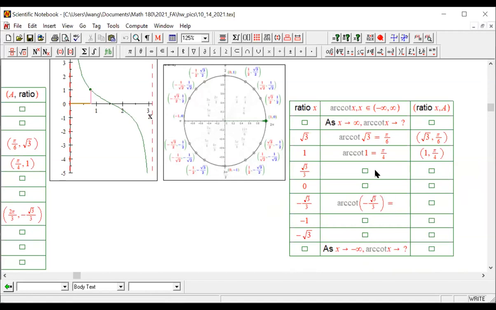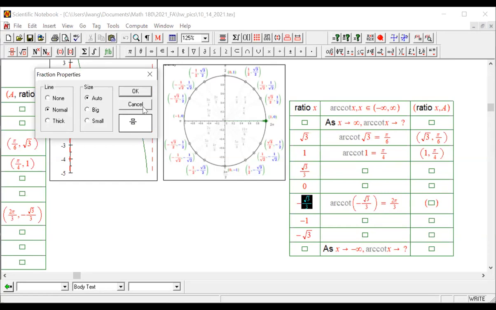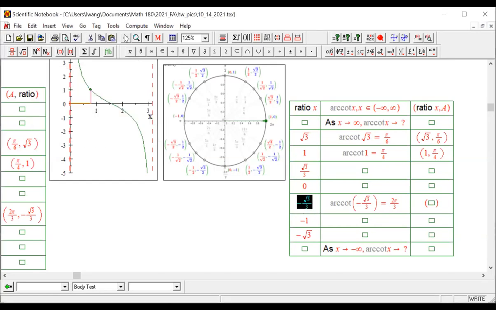That actually equals to 2 pi over 3, right? Mm-hmm. 2 pi over 3. So this point, the input is ratio. The output is 2 pi over 3.